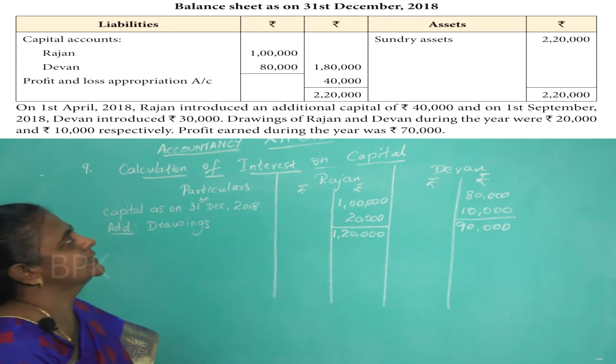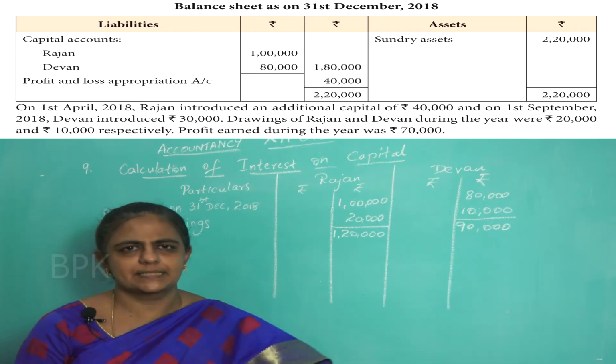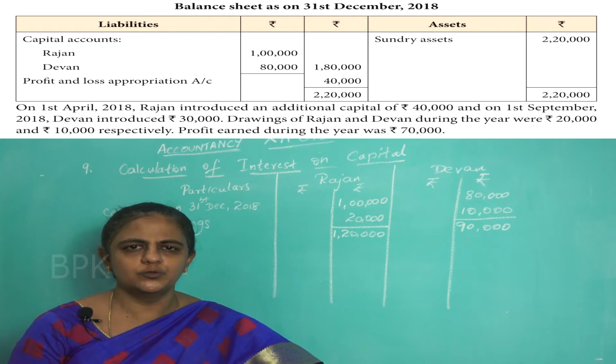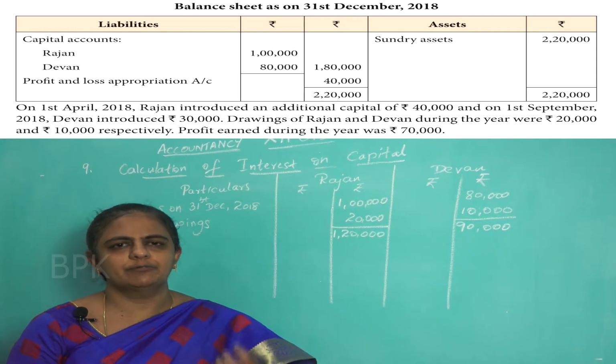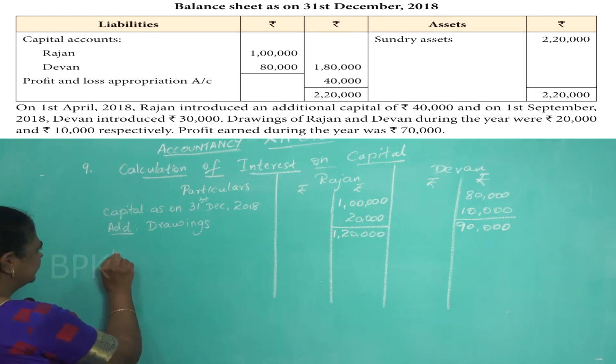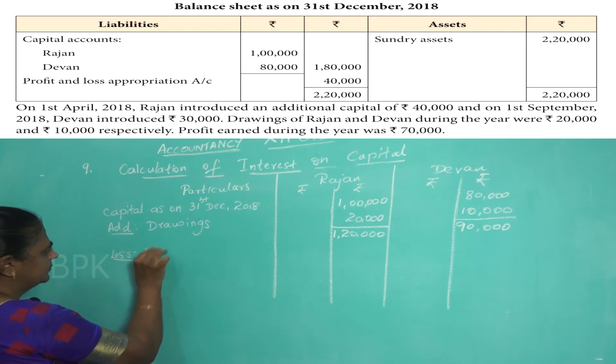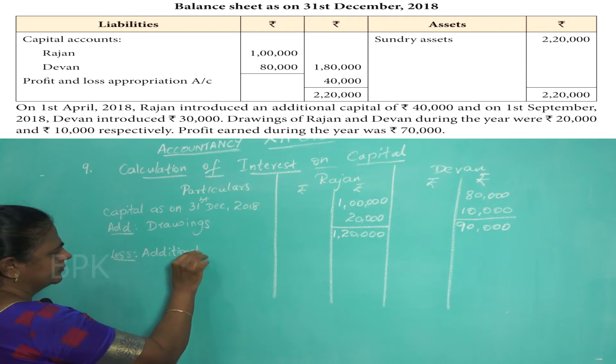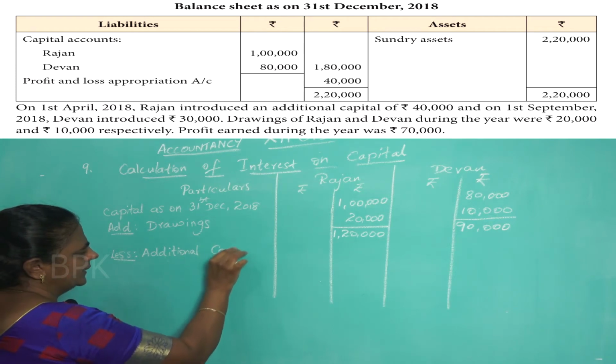Next, what are the things given? The additional capital is given, or the capital introduced. What you have to do? You have to subtract. Okay. So less additional capital.